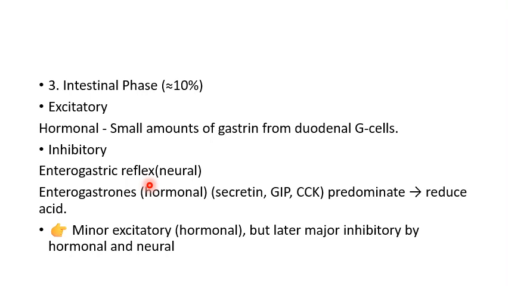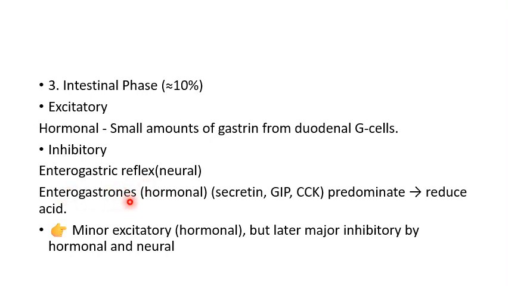So this intestine, through the enteric neurons, will stimulate the sympathetic neurons, and these sympathetic neurons will inhibit the gastric motility and gastric emptying, and thereby the gastric emptying is delayed. So the enterogastric reflex is a preventive reflex. It delays the gastric emptying so that the digestion is proper, and it gives some time for the pancreas to secrete bicarbonate so that it will neutralize the acid chyme.